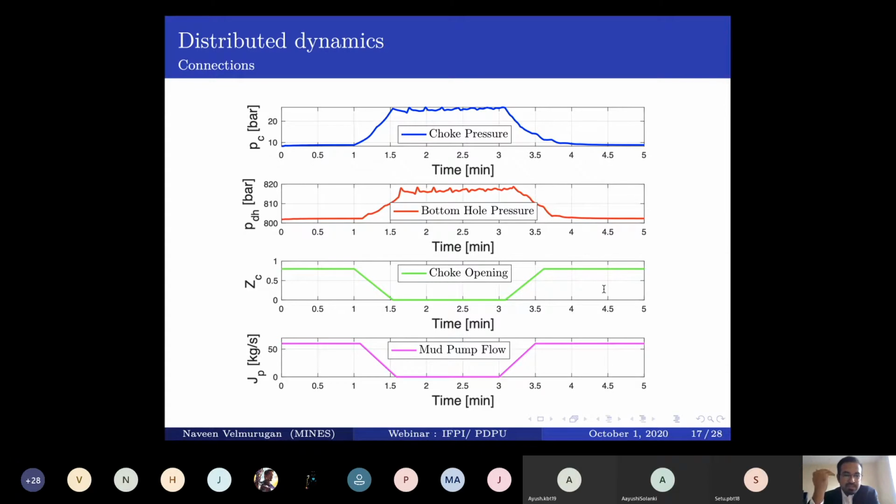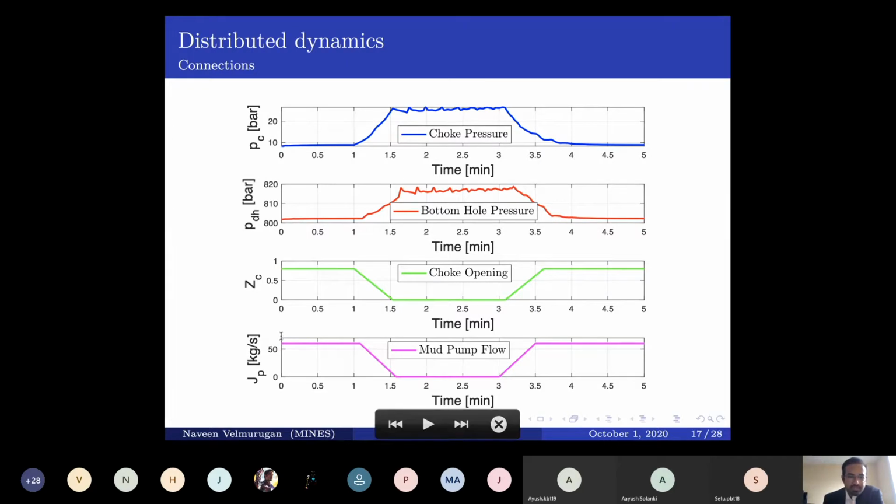What you want to do is you stop your pump, you bring your flow to zero, disconnect or connect your pipe, add or remove the pipe, and then you start your pump and you increase your flow slowly so that you reach the bottom hole pressure again, right? And you can continue drilling. This is the connection process.